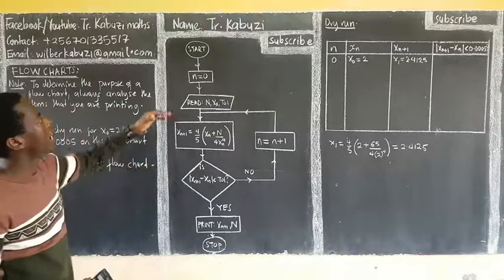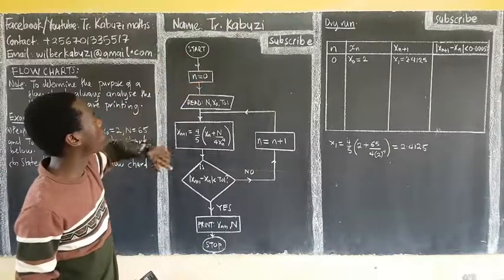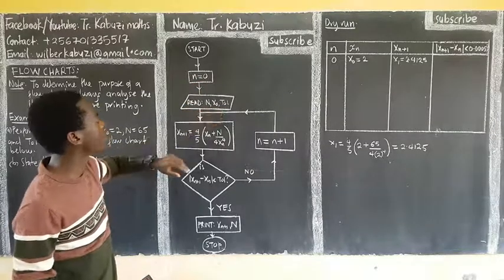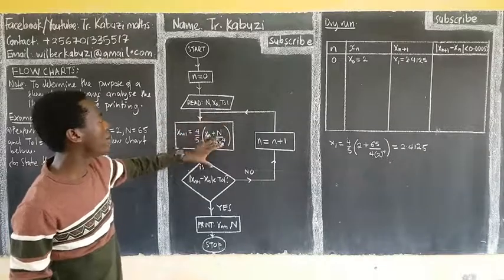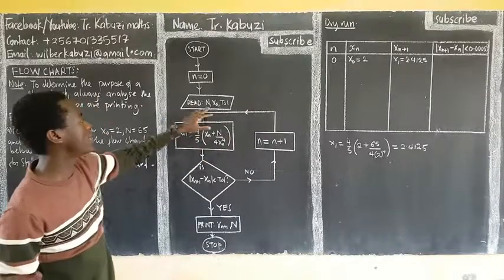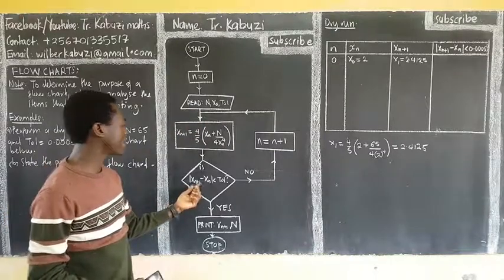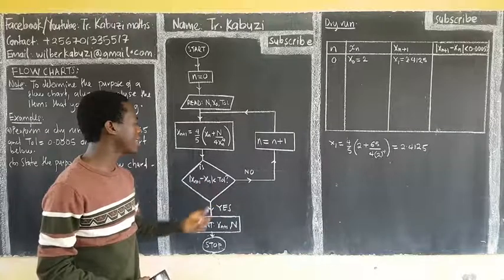Now, here is what they are telling us: we start by putting in 0. We are going to read n, x naught, then the tolerance. Then this is the formula that we are going to use. Now this is the computation, using these values. Then, is the modulus of x(n+1) minus xn less than the tolerance?